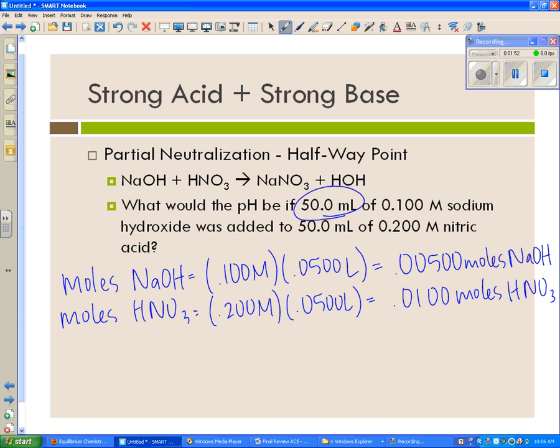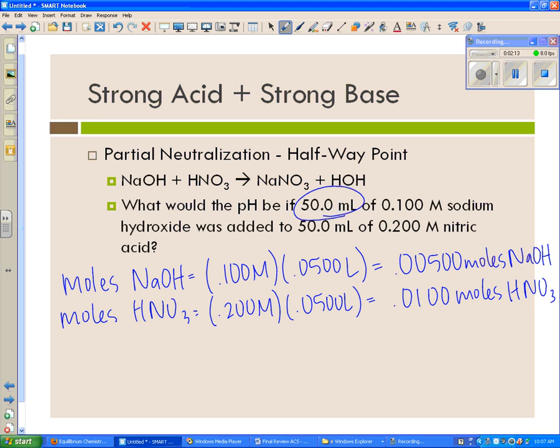Now we know that we've only added half of the base required to neutralize the acid, so we know that there's going to be excess acid. We know that because the sodium hydroxide reacts with the nitric acid in a 1-to-1 ratio, that if we've added this many moles of sodium hydroxide, that many moles of acid will be neutralized by that amount.